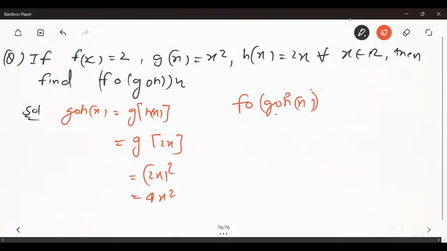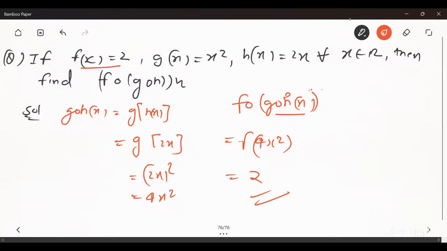Now g of h of x is equal to 4x square. So f of 4x square. Now put the value of x. We have f(x) is equal to 2. So whatever value we put, we will get 2. So f of g of h of x is equal to 2. Okay, that was your answer.